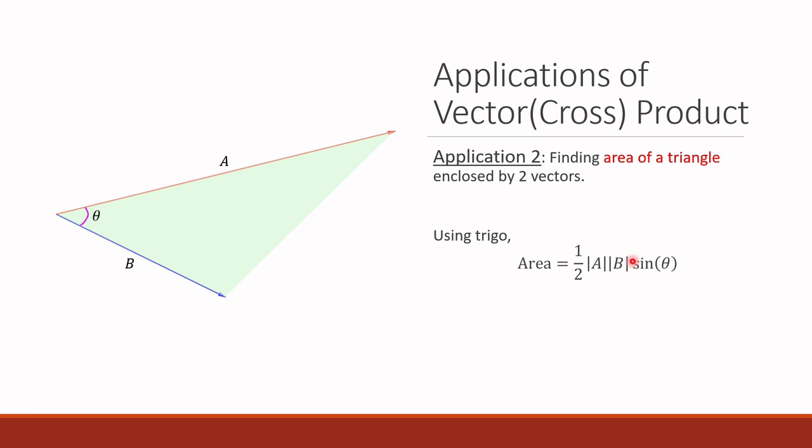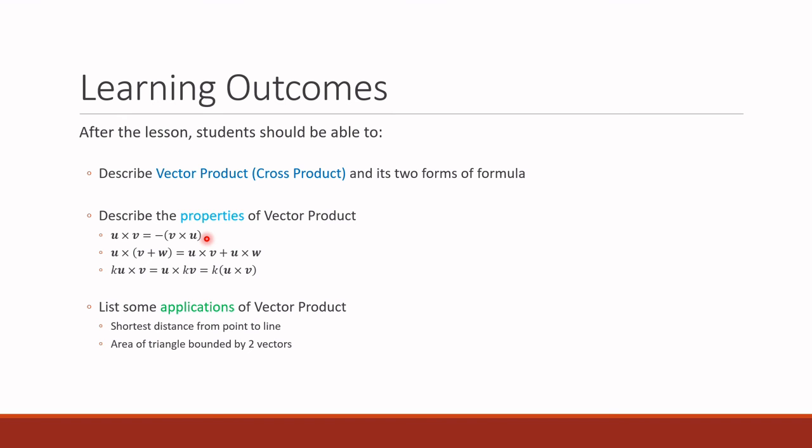Again, this part is hidden in the cross product. If I rewrite it in terms of cross product, it looks like this: half times the modulus of a cross b. That means I am only interested in the magnitude of this new vector. This value tells me the area of the triangle. So this is the second application.